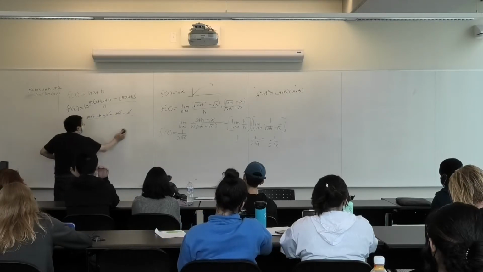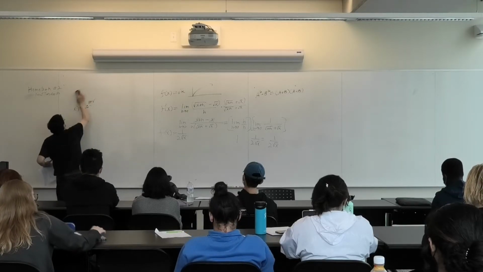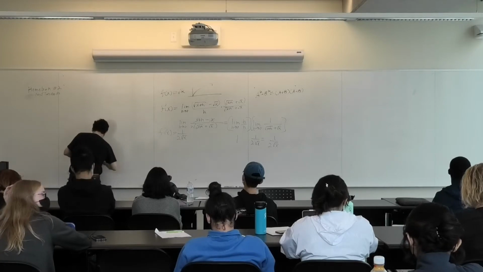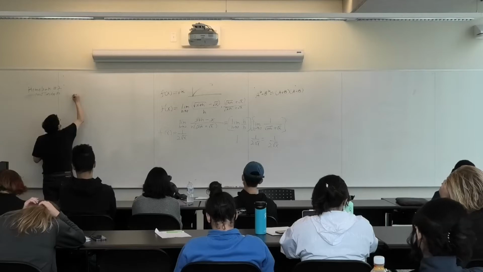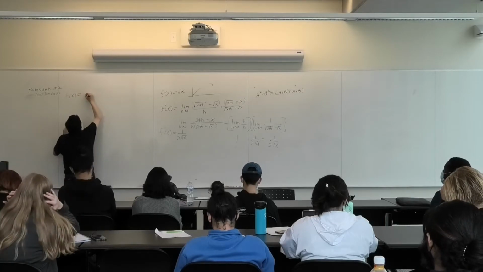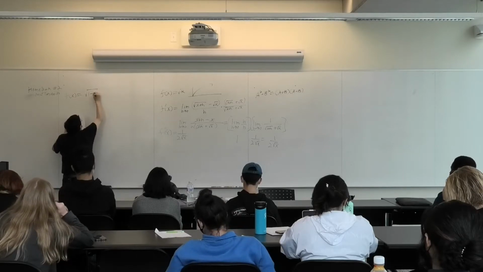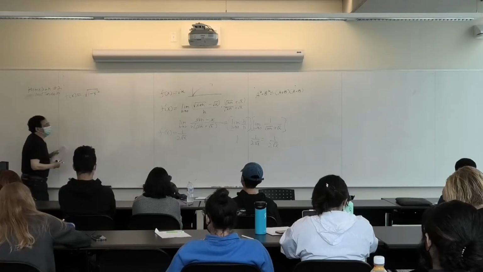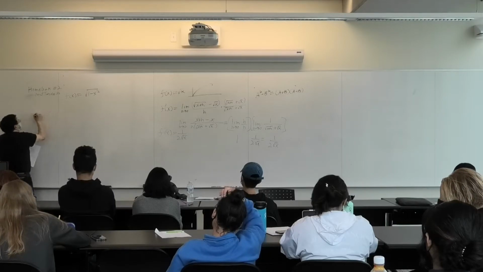Remember, in first class, we asked about, well, we have this function, square root of 1 minus x squared, which, well, we played around with it and we found that this is y.